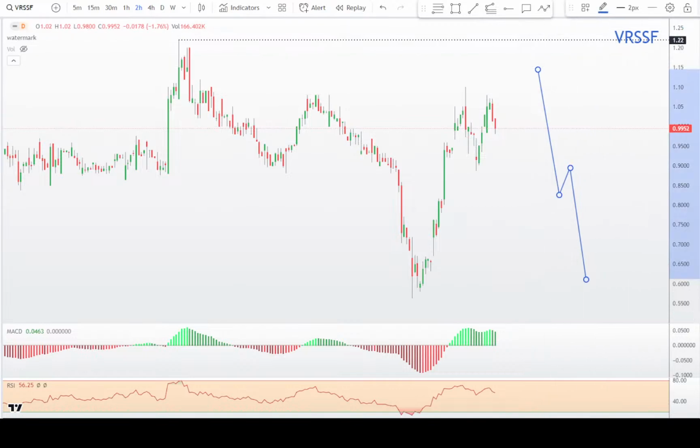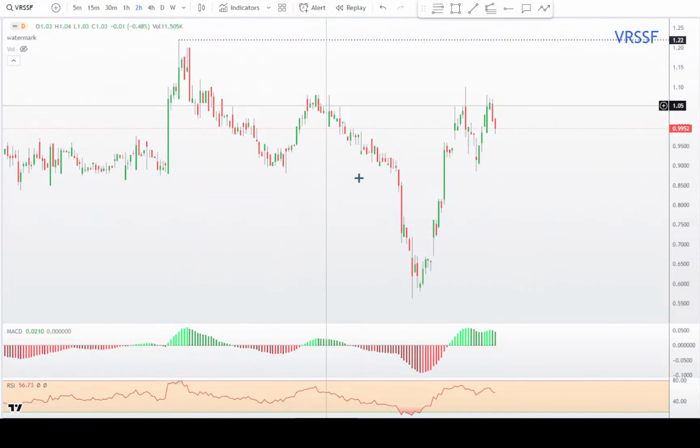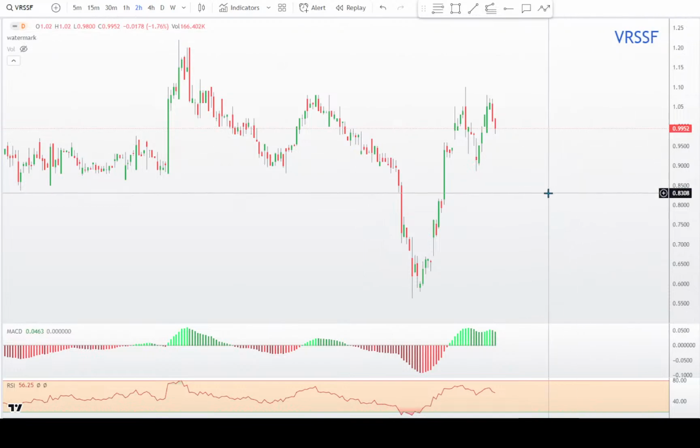Yeah, I think you're going to be okay. I could see it dropping down to maybe 87, but then as long as it can go back up, break that 122, then I think it's just going to continue marching up to at least 278.